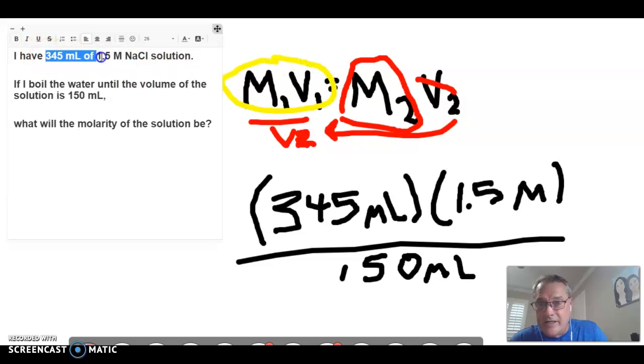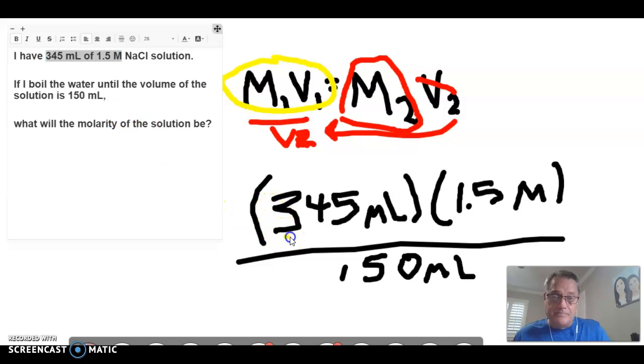There's an "of" there. It's not always that "of" will be between these two characters, but most often you will see it this way. They're next to each other, 345 and 1.5. That's our V1 and M1. They relate to one another. They are a part of each other. I call that the married couple, so they go on top.